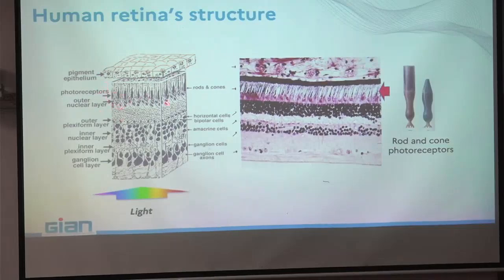You arrive here at a layer of photodetectors, the cones and the rods, which are sensitive to the light. That means light has to travel through a few microns of retina before reaching the photodetectors.